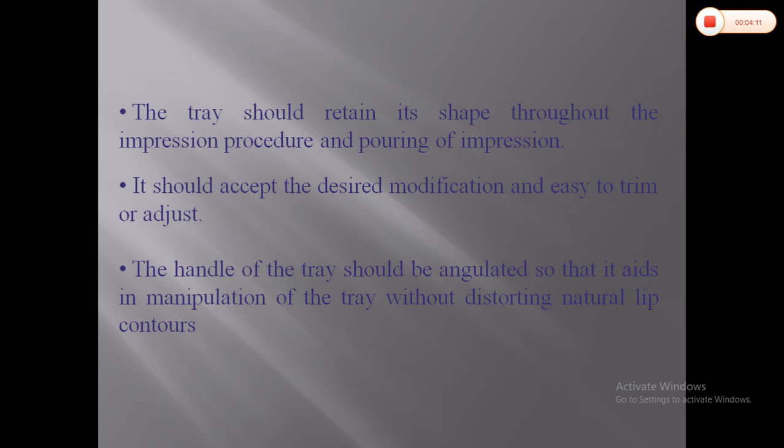It should be perforated to have mechanical interlock with the material, or non-perforated trays should have adhesion with the surface of the tray. It should accept the desired modification and be easy to trim or adjust, and the handle of the tray should be angulated so that it aids in manipulation of the tray without disturbing the natural soft tissue contours.